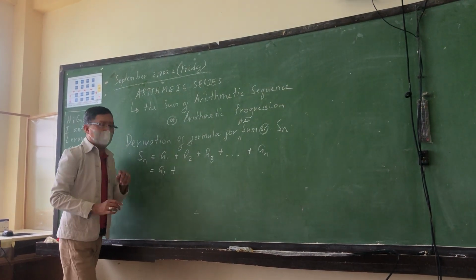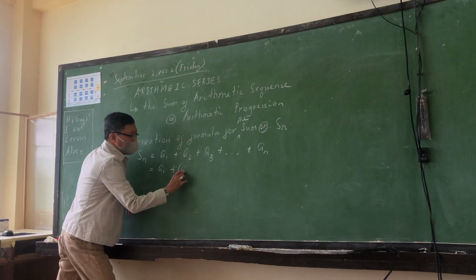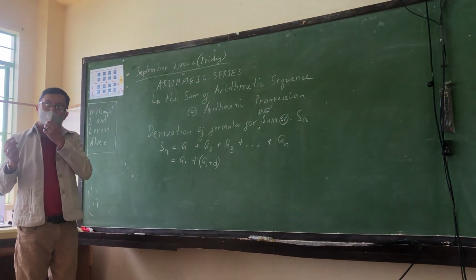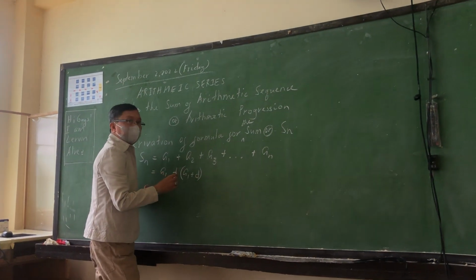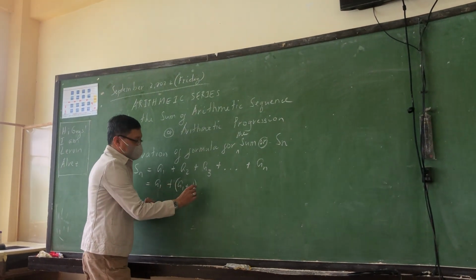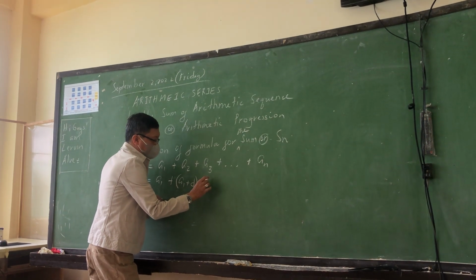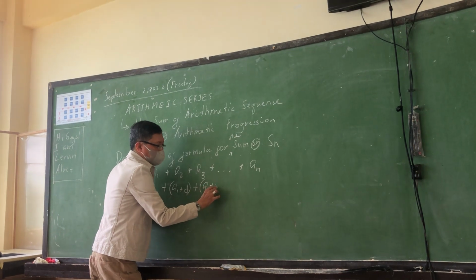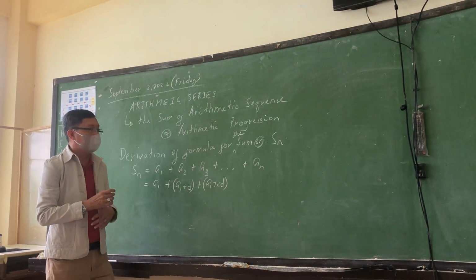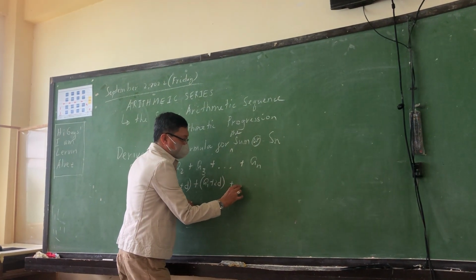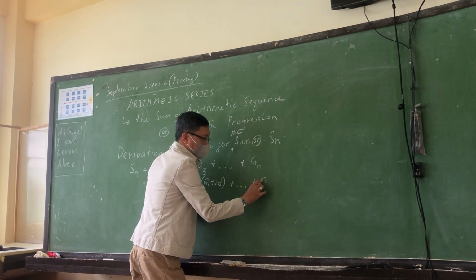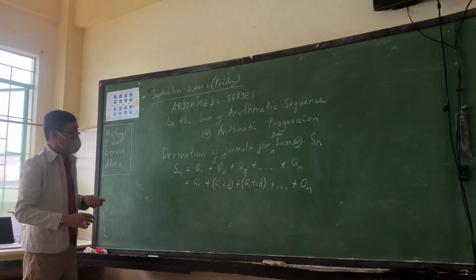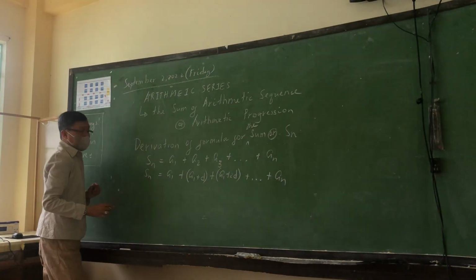A sub 2, remember, can be written as A sub 1 plus D. A sub 3 can be written as A sub 1 plus 2D, plus ... plus A sub n. So we are trying to derive again the formula. This is the value of S sub n.